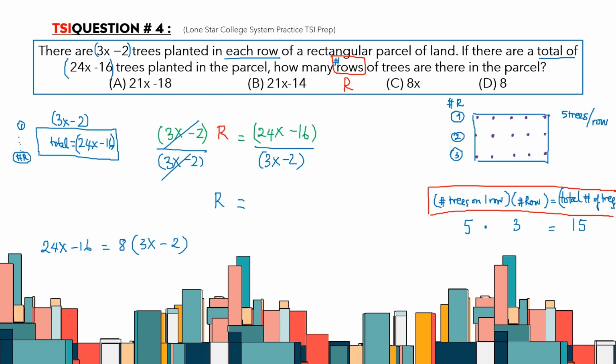Let's double check: 8 times 3x is 24x, yes. 8 times minus 2 is minus 16, yes. So we rewrite the top as 8 times 3x minus 2, divided by 3x minus 2. Now we can cancel out the 3x minus 2 and are left with R equals 8.